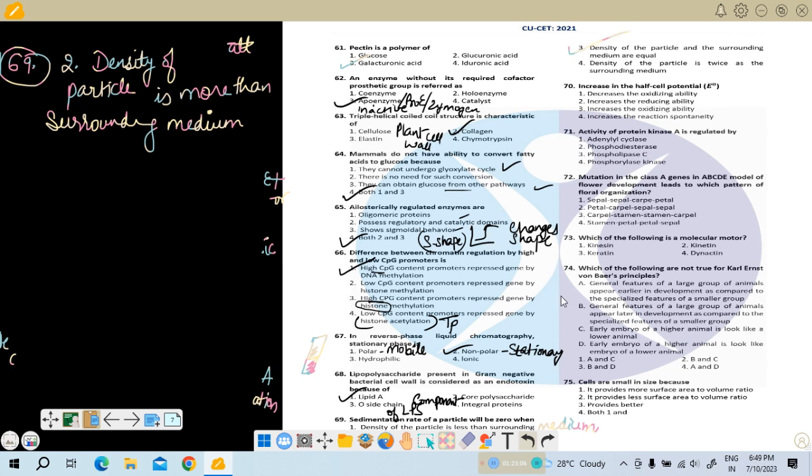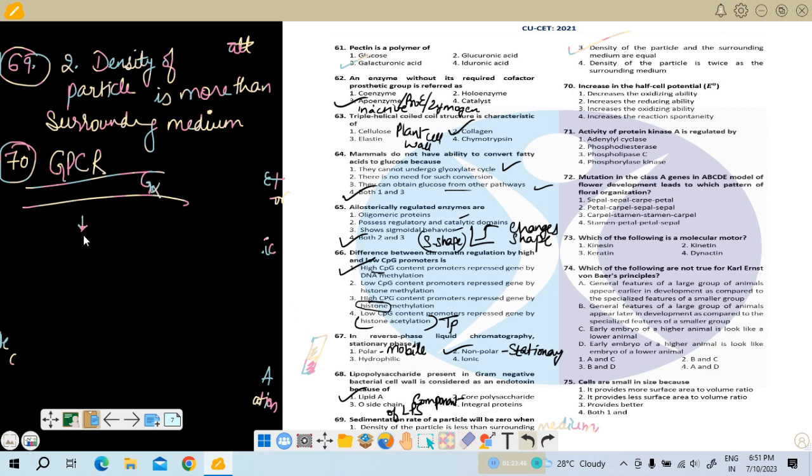Now coming to 71, activity of protein kinase A is regulated by. So this is from GPCR signaling. Now what happens, GPCR, here we have G alpha S, S for stimulatory, or you just simply write G alpha.